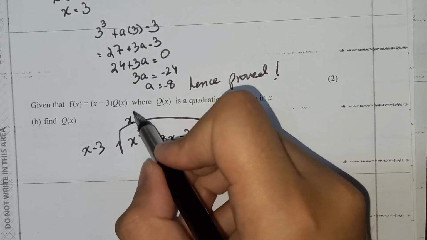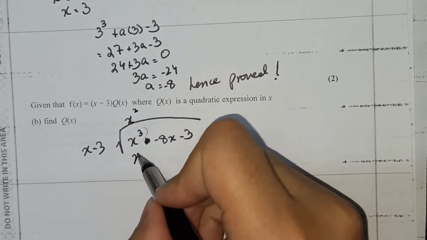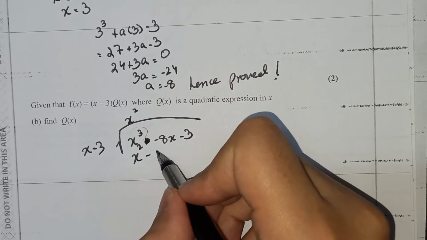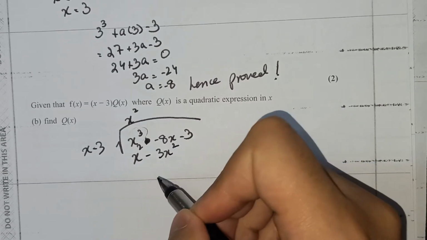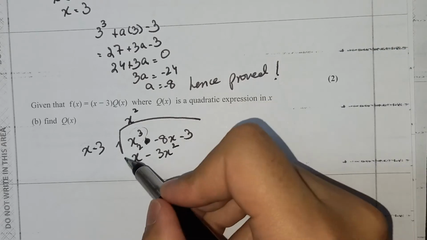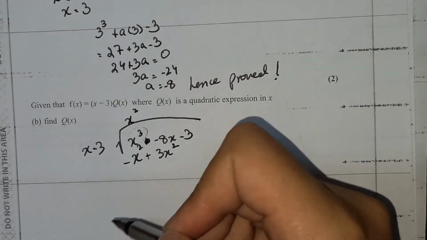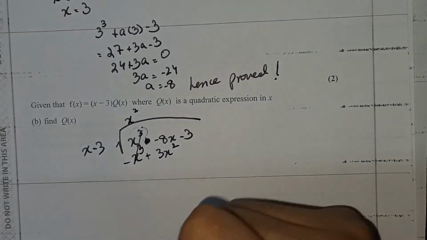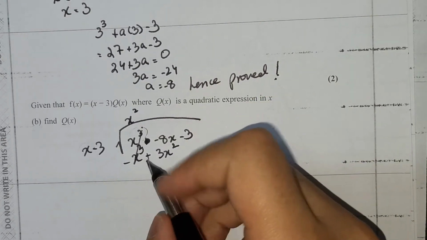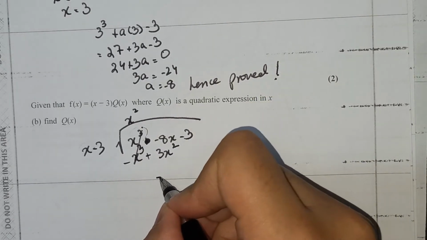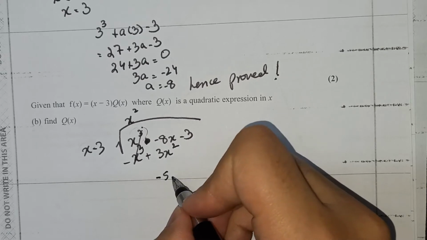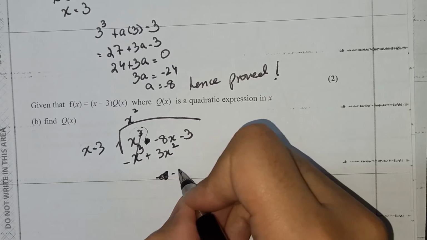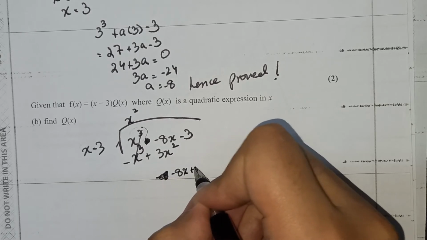So what do we do to make x cubed? We multiply it by x squared. So by multiplying x squared with this whole expression, we get x cubed minus 3x squared. Now next step we do, change the signs immediately and cancel out this and solve the rest, which gives us minus 8x plus 3x squared.